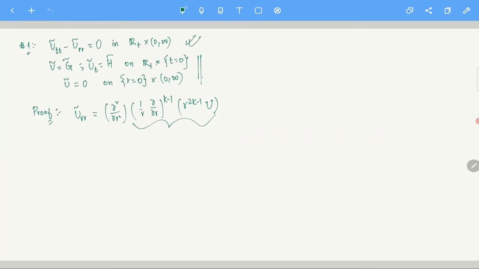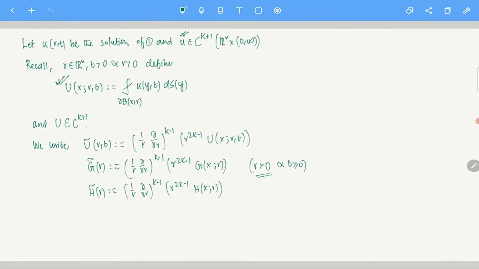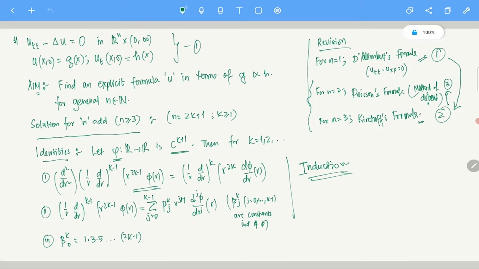Clear? I am taking the twice derivative of u tilde with respect to r, del 2 u tilde del r square, right? That is what I am just writing down. Now you see, if you use this lemma here, that crazy looking lemma, d2 dr2 of this particular thing is 1 by r d dr whole power k, r to the power 2k d phi dr, right?